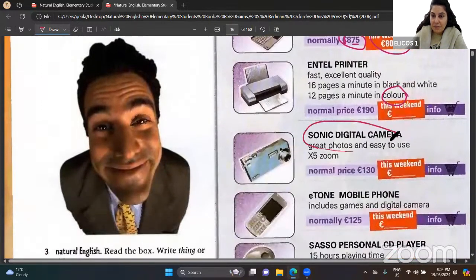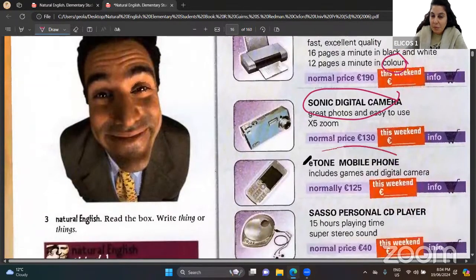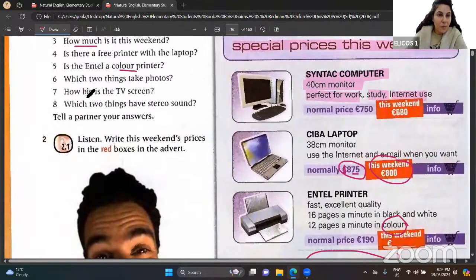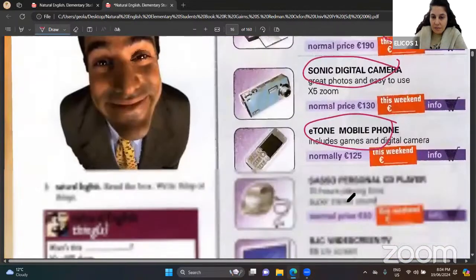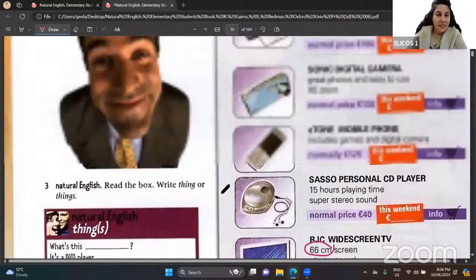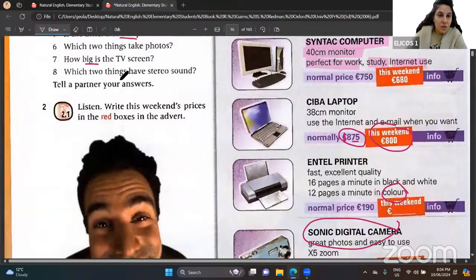The digital camera and the mobile phone. How big is the TV screen? So TV here, how big is it? Centimeters, yep. And which 2 things have stereo sound?